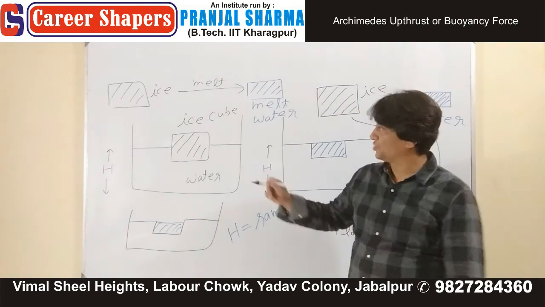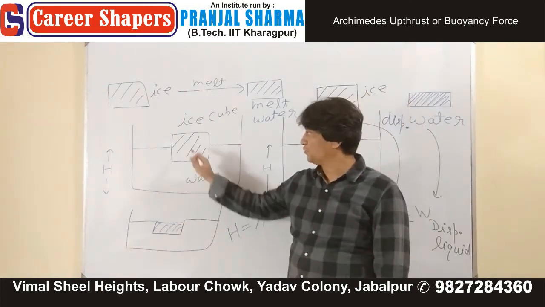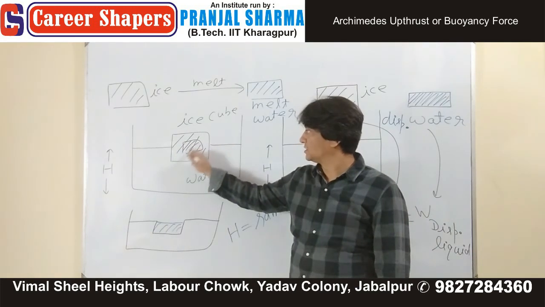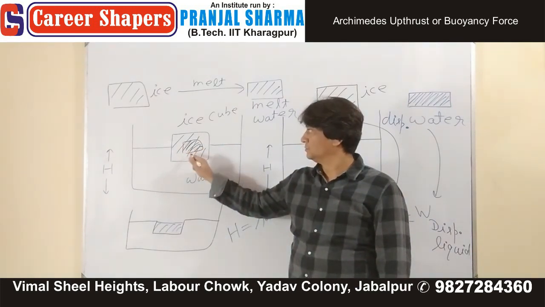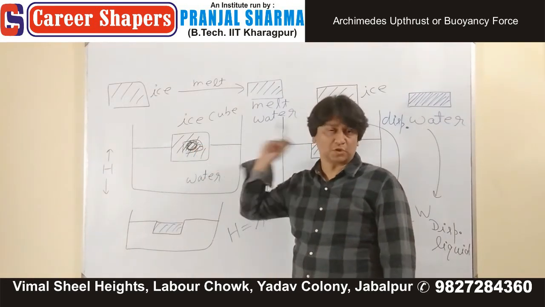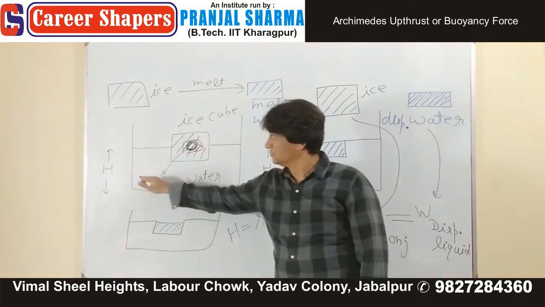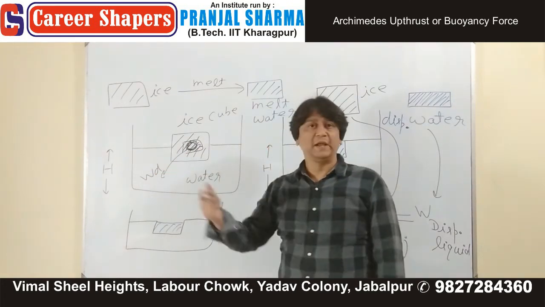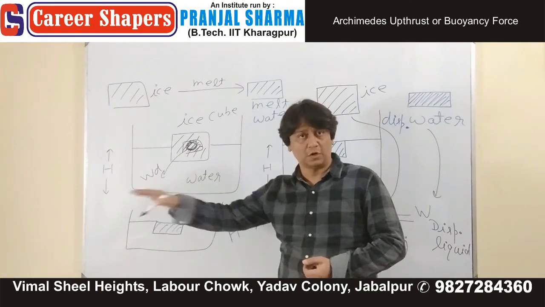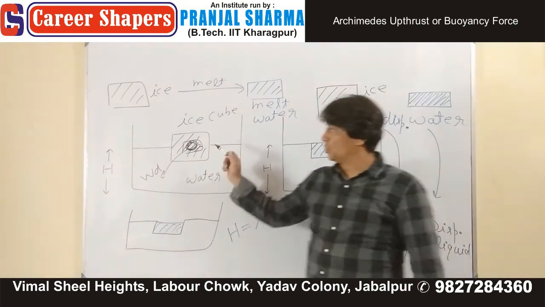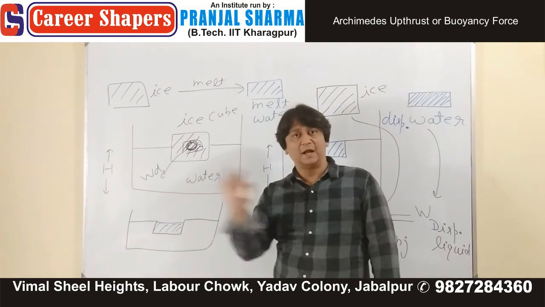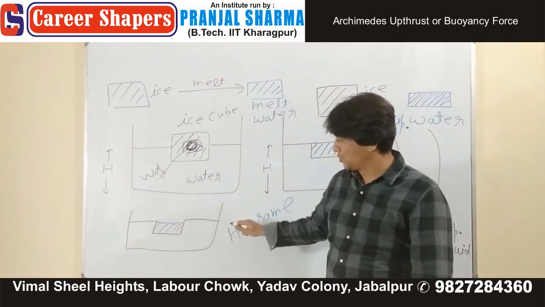So now look at the question. There are two homeworks. First one, in this ice cube we have a wooden piece. Inside the ice there was a wooden piece. Wood means something which after ice melts is going to float. So ice cube has a wooden piece inside, ice melts, what happens to H?